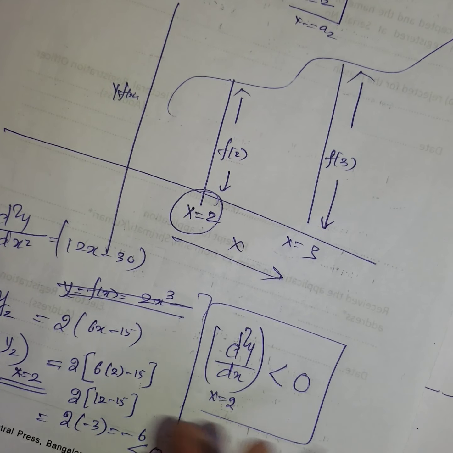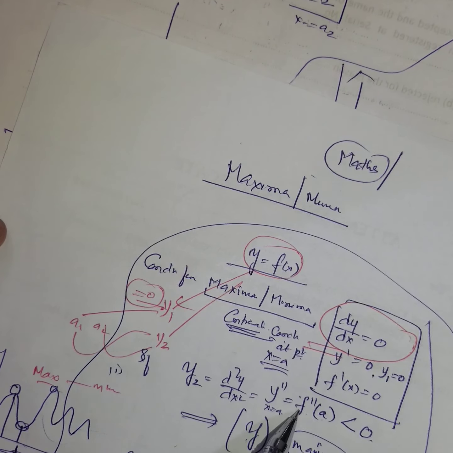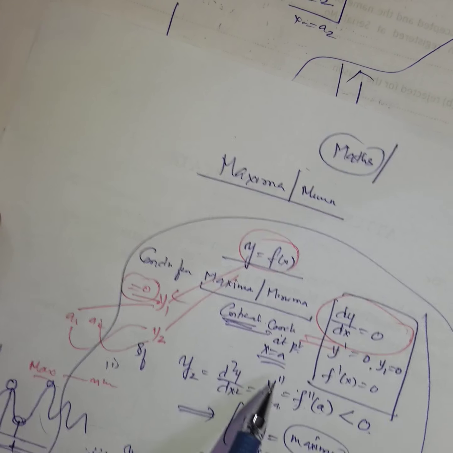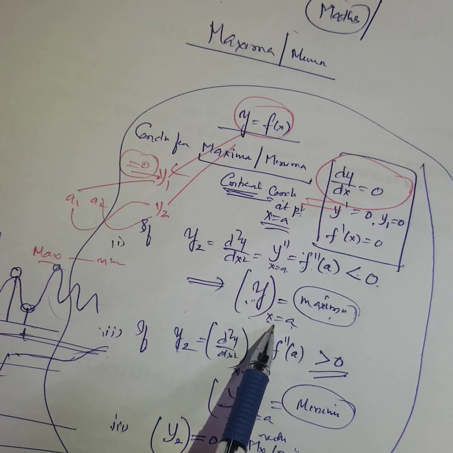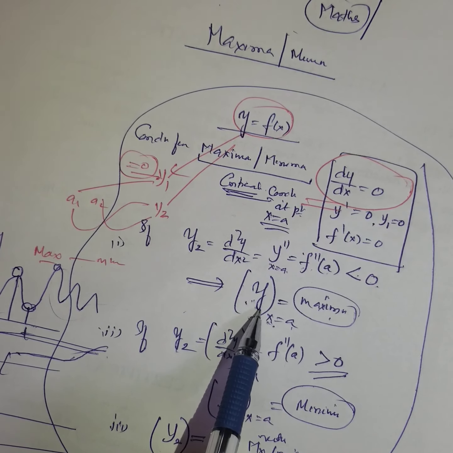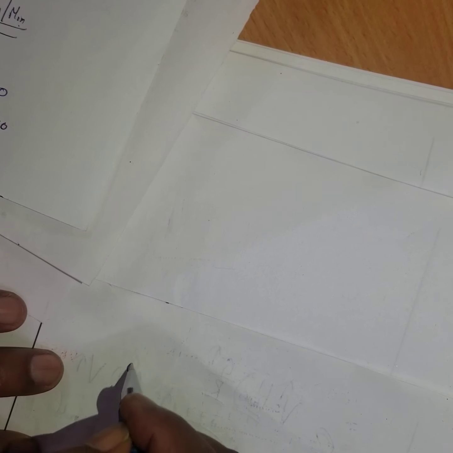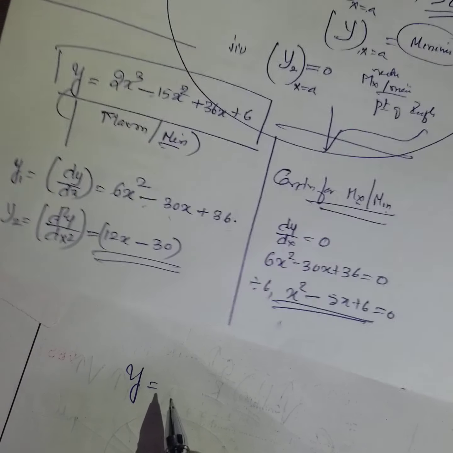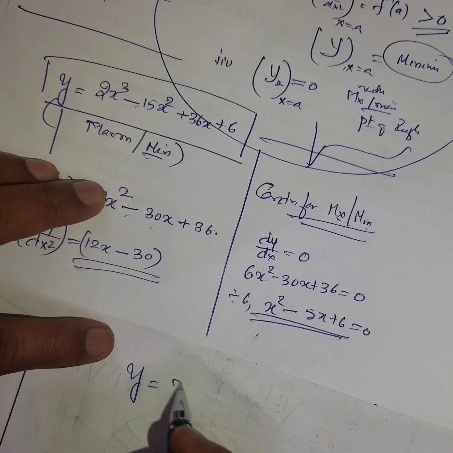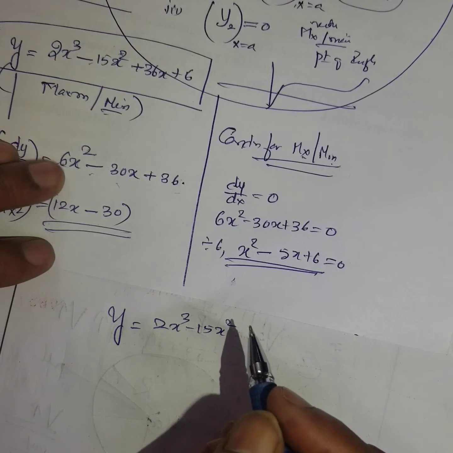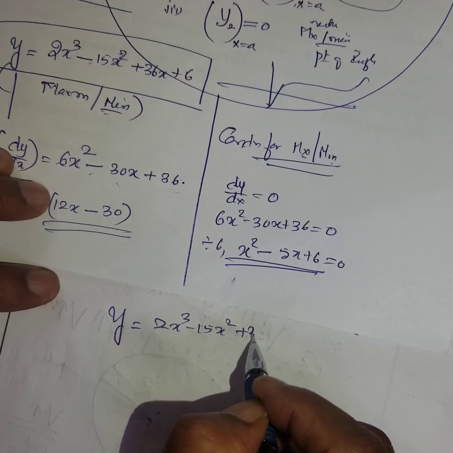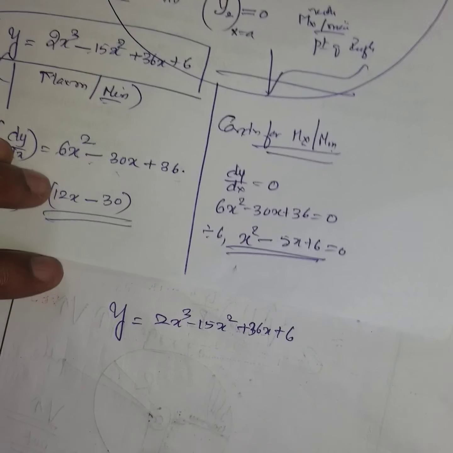Now what did I tell you? When the second derivative is less than 0, y at x = a is a maximum. Here y is 2x^3 - 15x^2 + 36x + 6, isn't it?